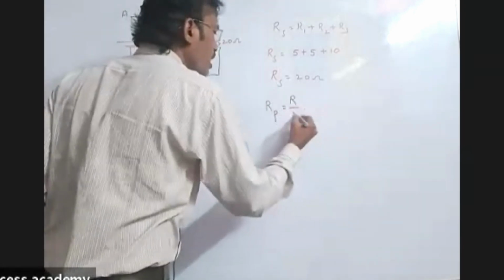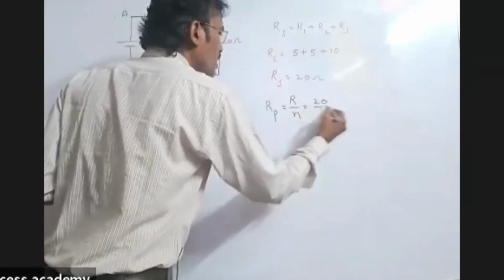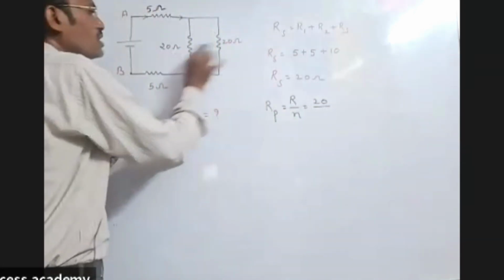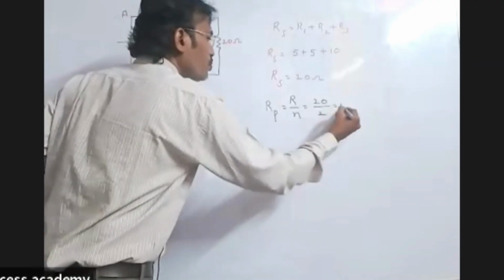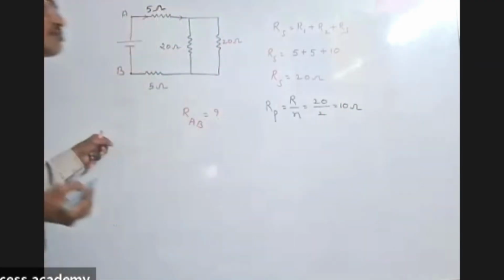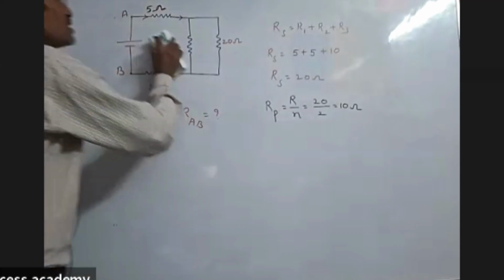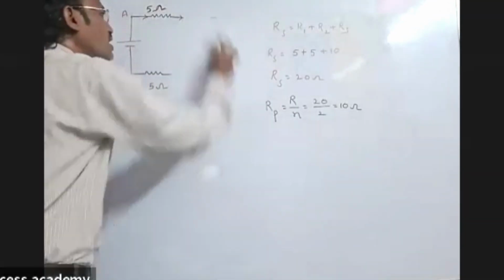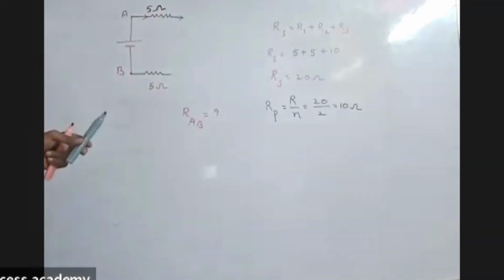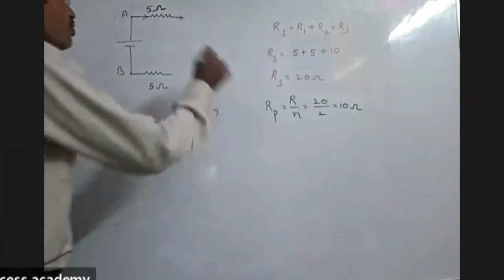What's the formula? R by N. R is 20, and two resistors are there. So 20 by 2 is equal to 10 ohm. Now replace these two resistors with only one resistor, equivalent to 10 ohm.